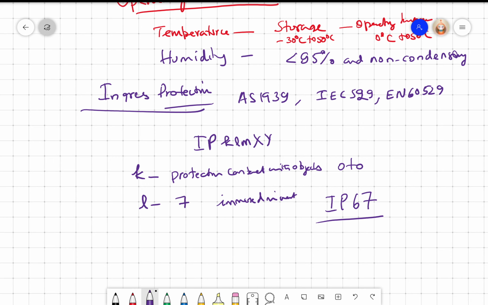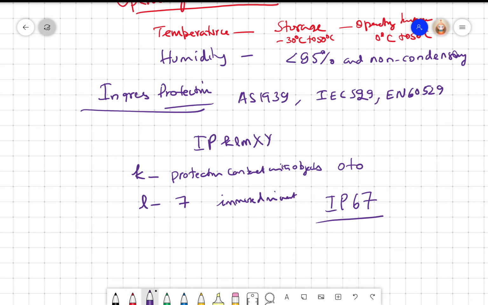Then there is also impact withstanding capability, right? Earlier it was part of the ingress protection class. Now we do not use ingress. The ability to withstand impact energy is not part of the IP class.